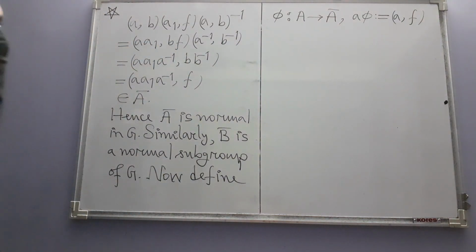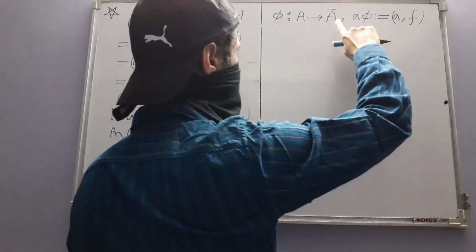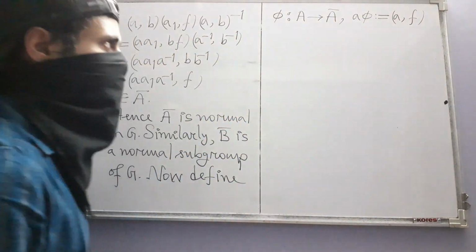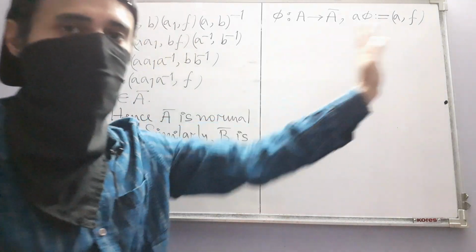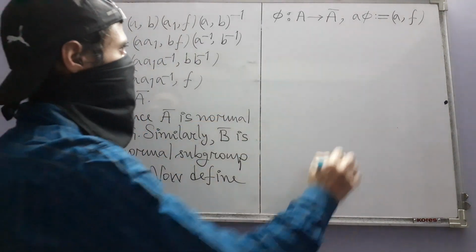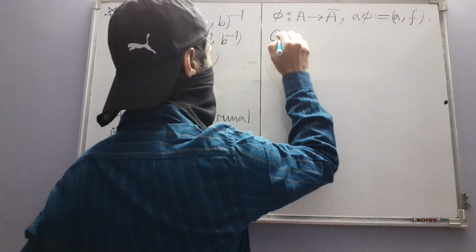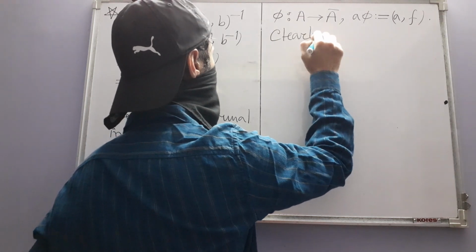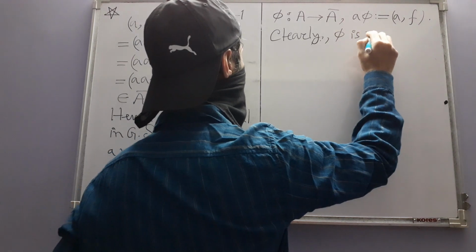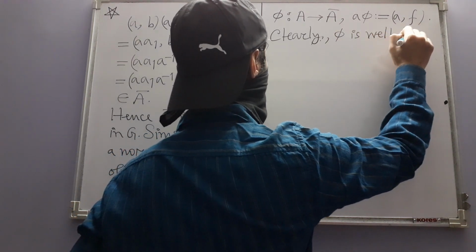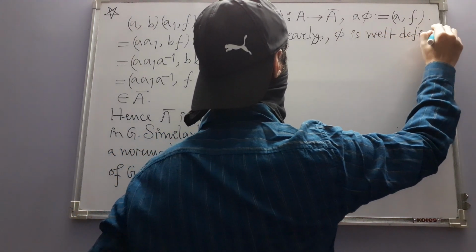You can clearly see that this is going to be an element in A bar. Moreover, for a given a, this is a unique element in A bar. So this is well defined.